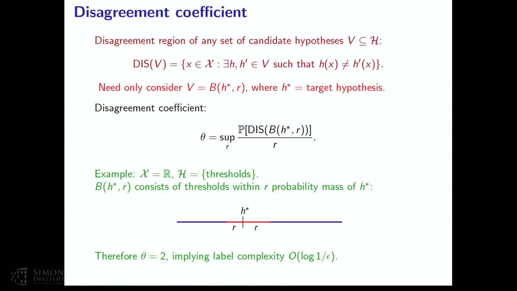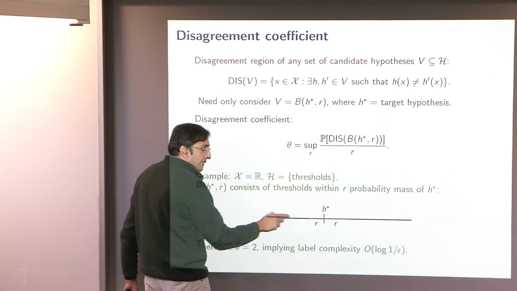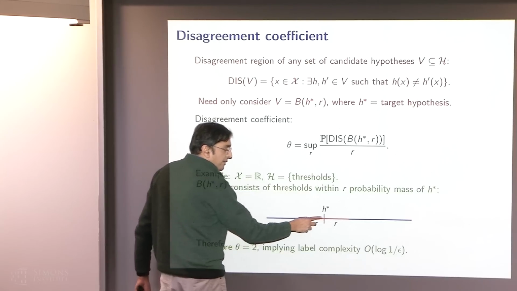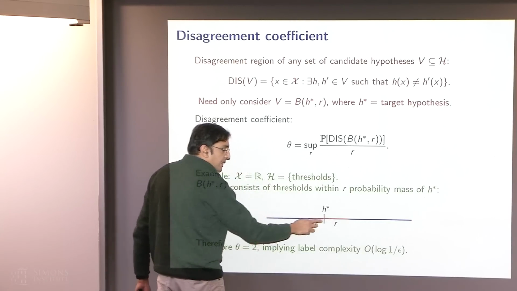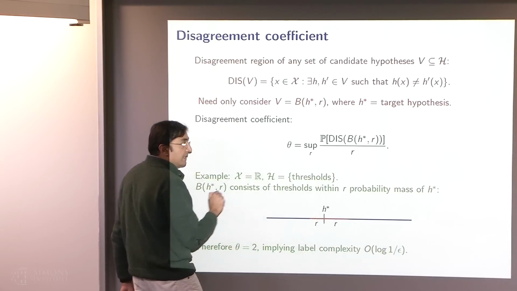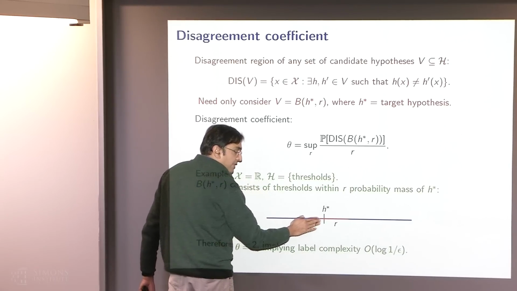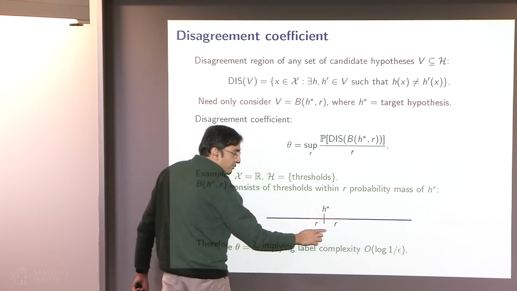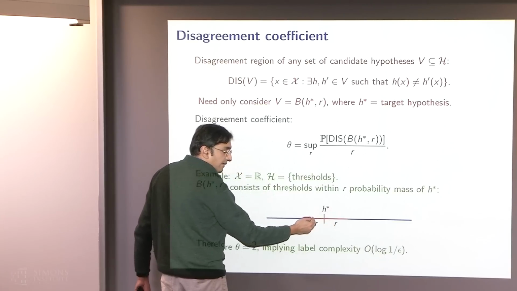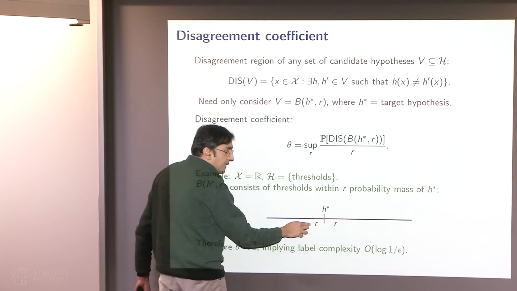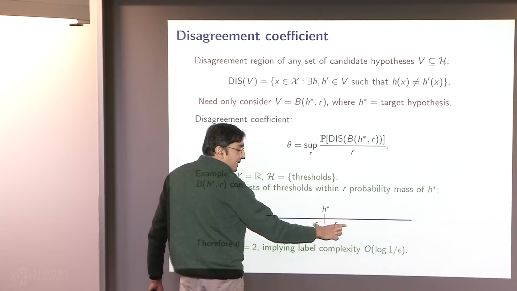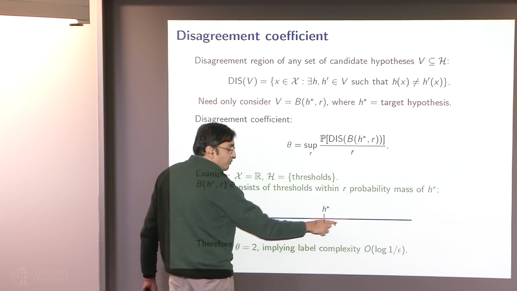Let's go back to our thresholds. This is the target. The ball of radius r around it is all thresholds within probability mass r to the right and probability mass r to the left. The points on which these classifiers disagree are the points that also lie within here, so the disagreement region is this red region over here.